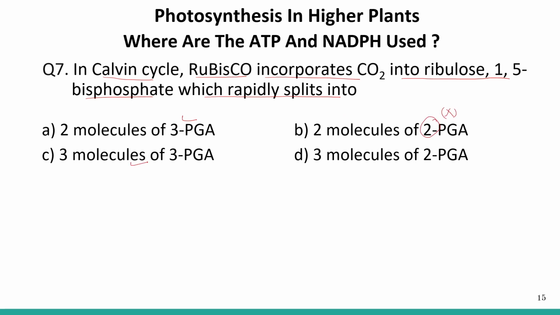Now 3 molecules of 3-phosphoglyceric acid, again not true. 3 molecules of 2-phosphoglyceric acid, not true either. We know that when RUBP combines with carbon dioxide in the presence of the enzyme Rubisco, 2 molecules of the 3-carbon compound 3-phosphoglyceric acid are produced. So option A is correct here.